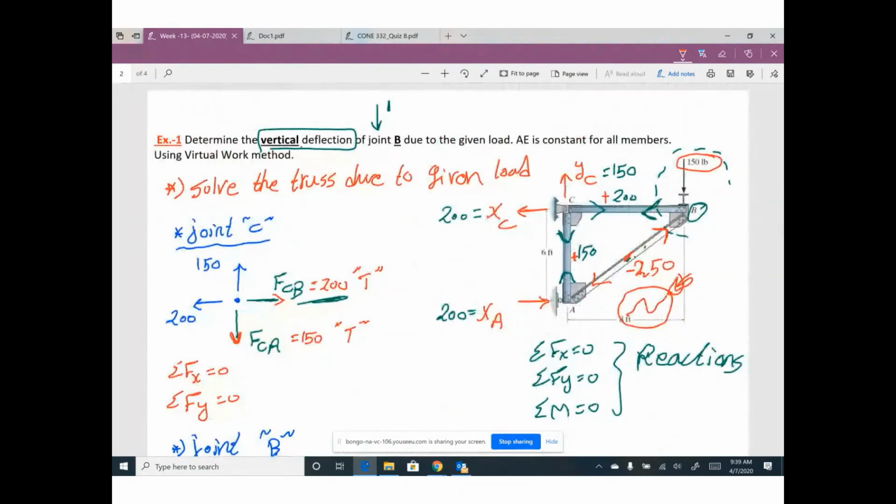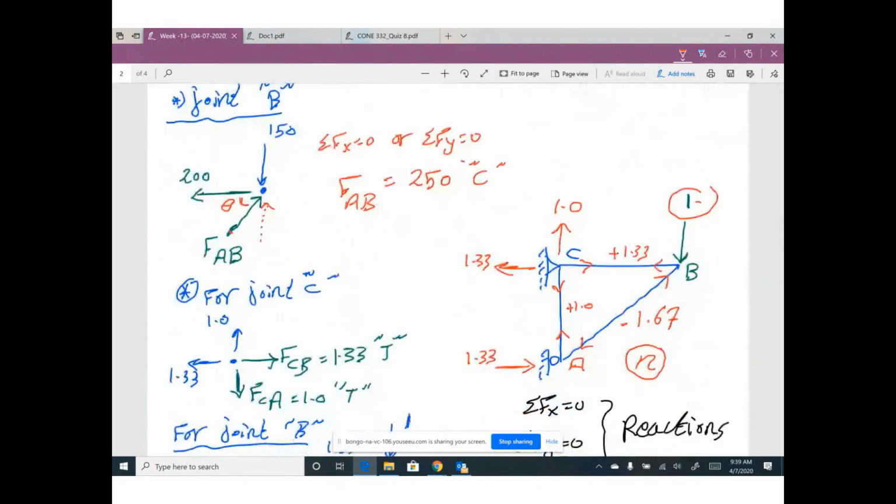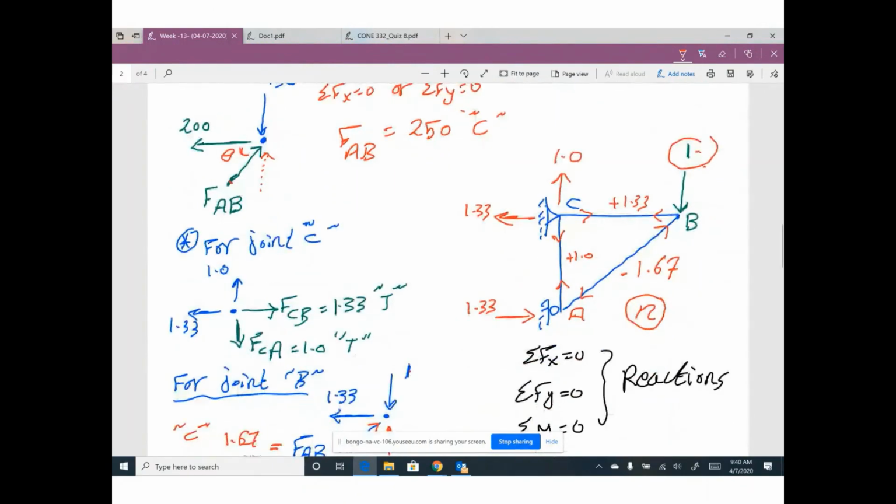We are looking for vertical deflection, so your unit load will be vertical at B. Go ahead and solve the truss one more time due to the unit load. The internal forces this time will be called small n.